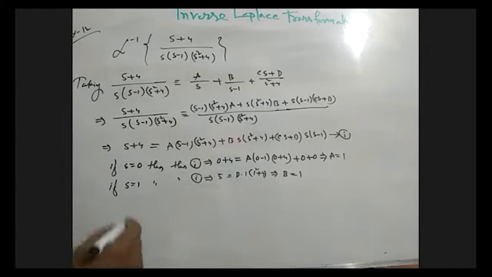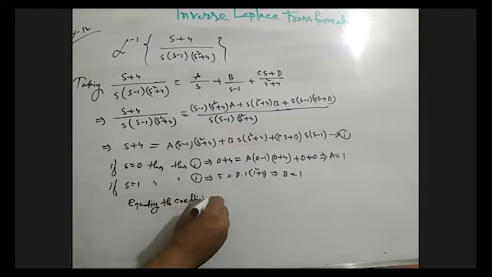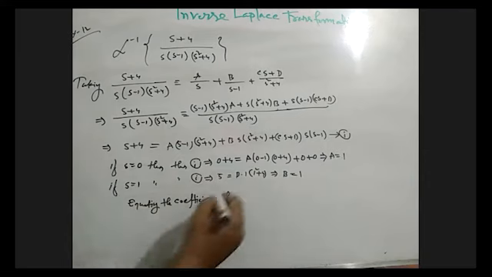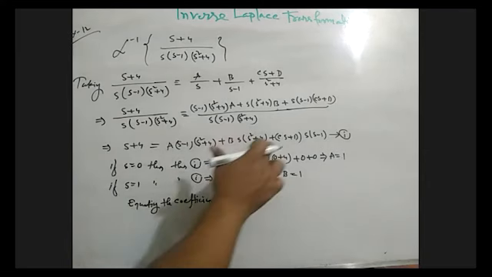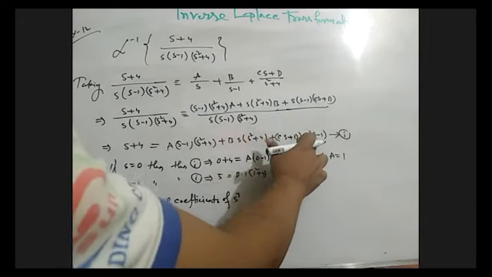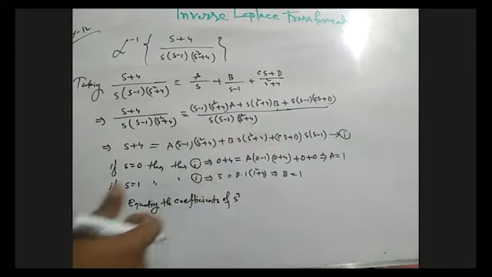Now equating the coefficient of s cube, because to get c or d we have to multiply cs with s square. That means s cube.